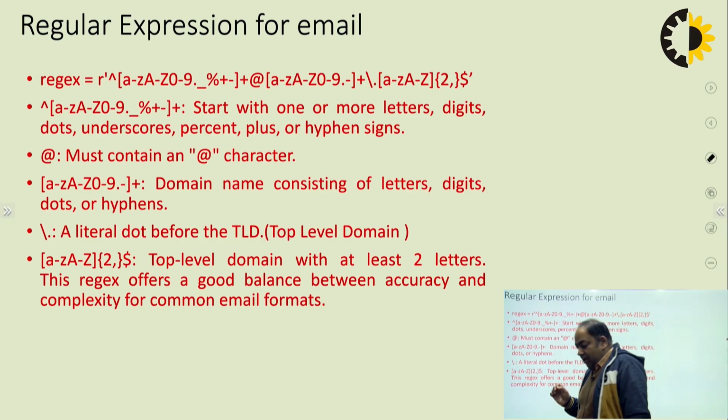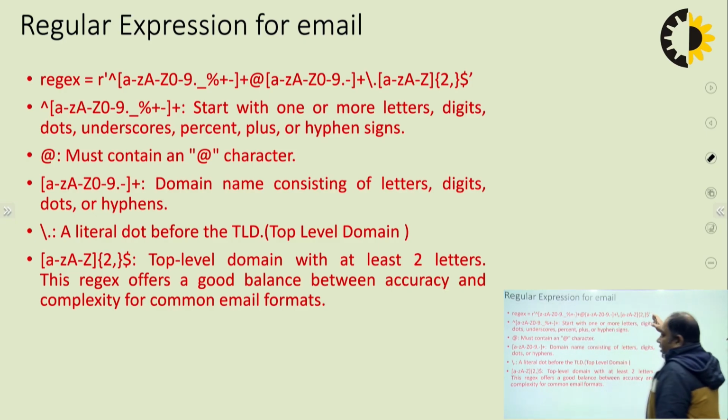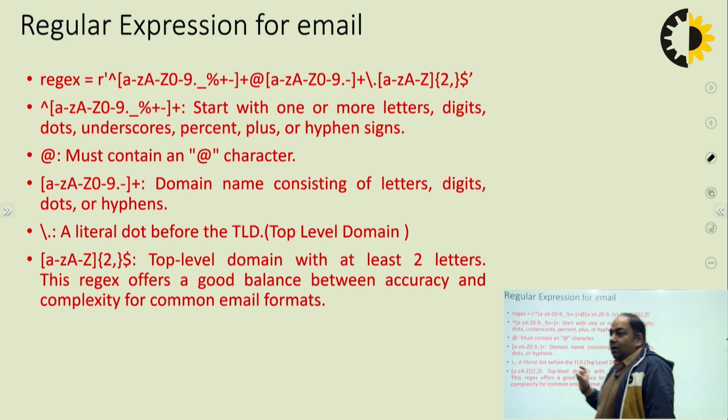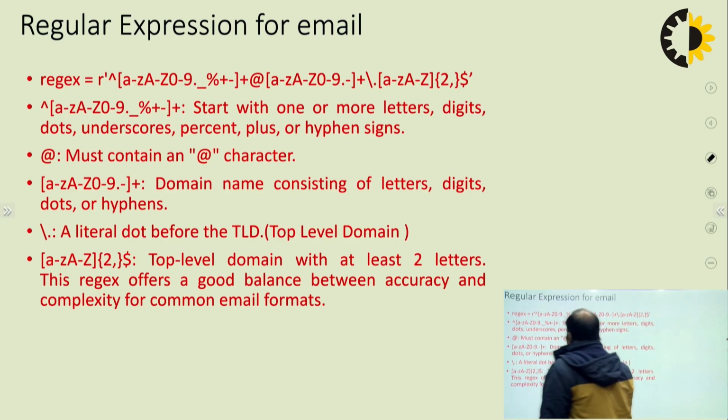If you write it in JavaScript, some syntax might be different, but the regular expression between the quotes, from this sign to this $ sign, will be the same for any programming language. It is not dependent only on Python; you can use it in JavaScript, Java or .NET.